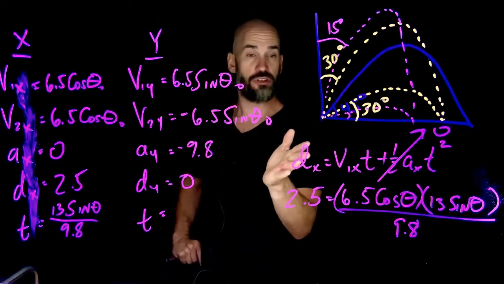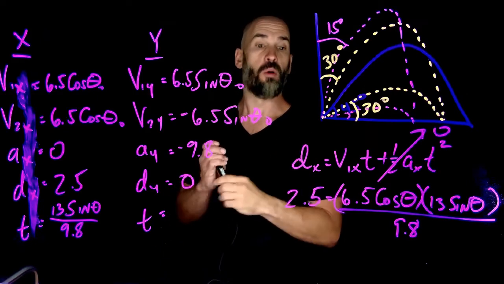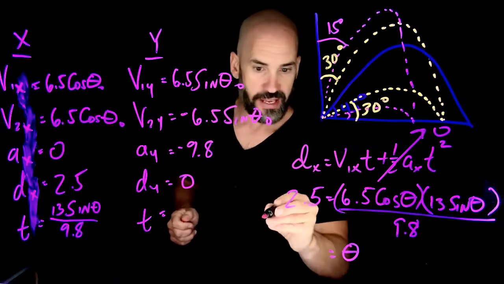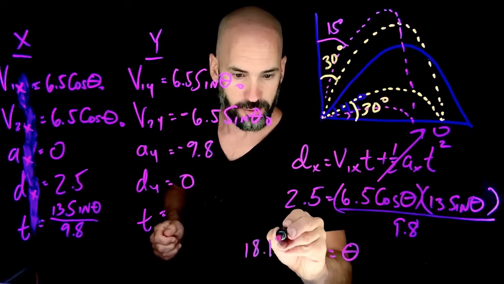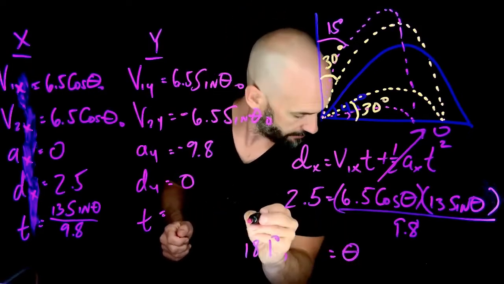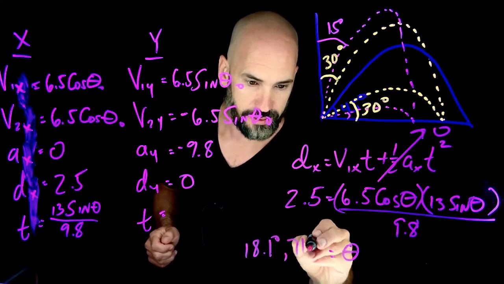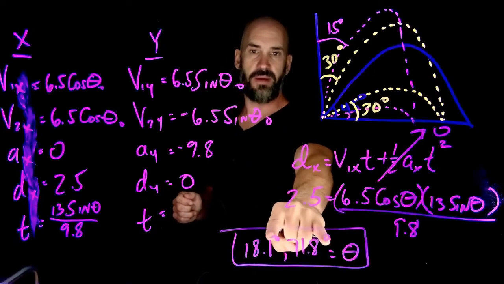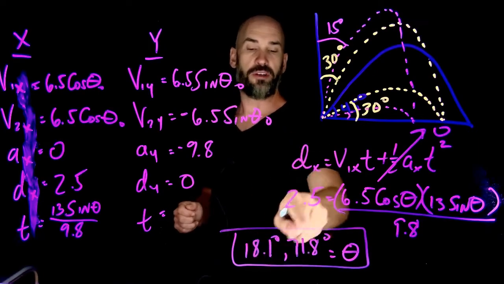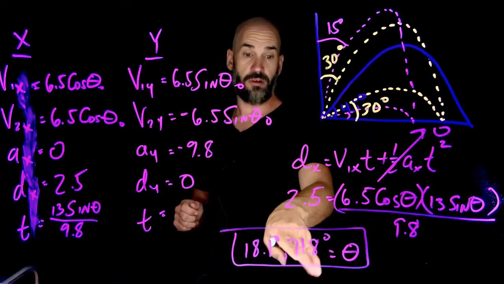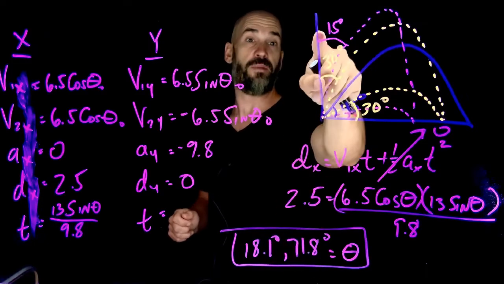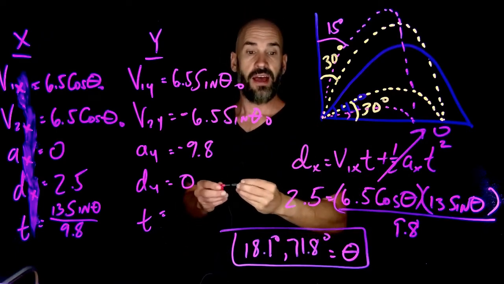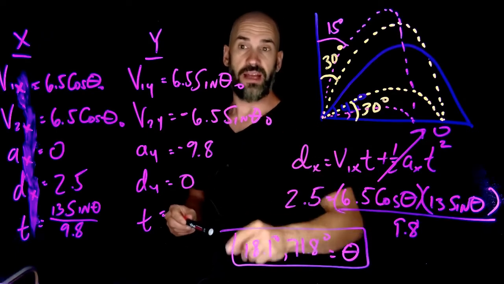I encourage you to do either method, but when I did this, I ended up getting thetas of 18.1 degrees and 71.8 degrees. Does that make sense? Is that symmetric? It is. 18.1 degrees is the same distance from 0 as 71.8 degrees is from 90. So you get this effect where it's going to land in the same exact spot. So go ahead, check my answer on that.